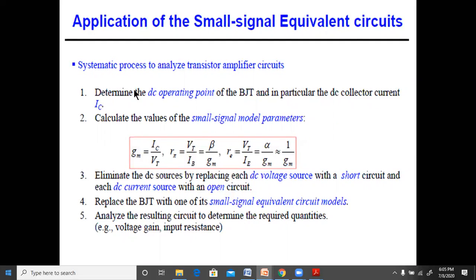So first determine IC, find GM, R pi, RE, eliminate the DC sources, replace the BJT with the circuit model, then analyze the resulting circuit for voltage gain and input resistance. That is the process which we should follow.